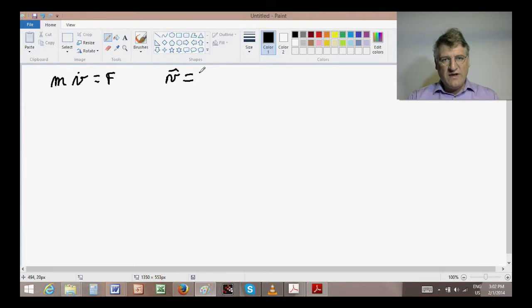Is equal to F hat divided by S times M. Okay. Next, we look at the motor. Okay, this is for the car.